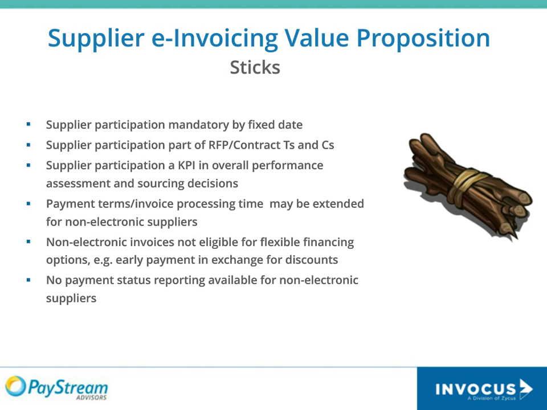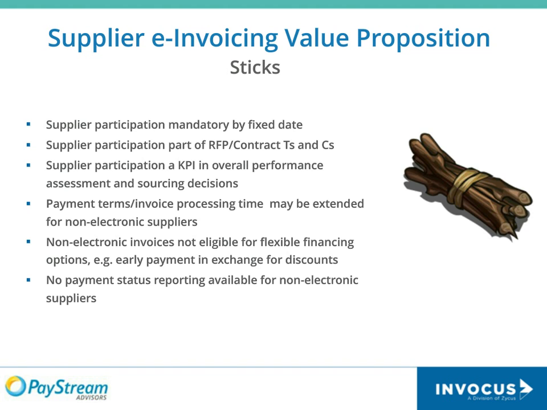So if you're going through an RFP, for example, or actually putting in place a contract, making participation in an e-invoicing program a condition of doing business, not retroactively, but right from day one in determining which suppliers you're going to contract with and which ones are going to meet your test, making that a condition of compliance for doing business together.